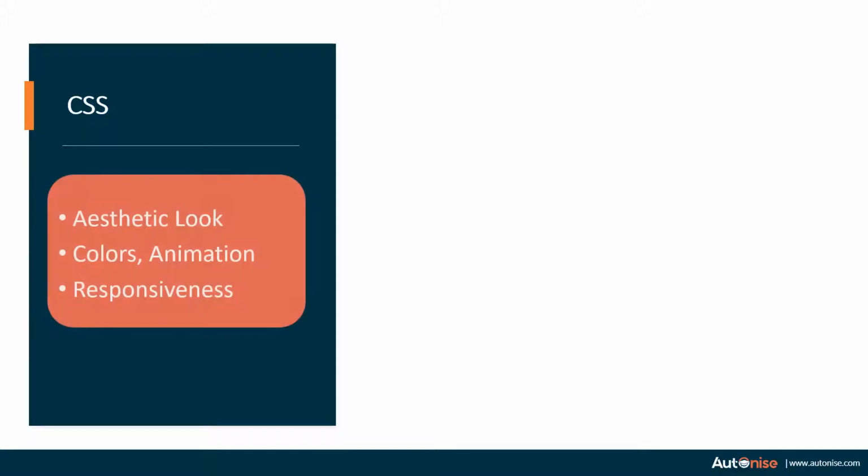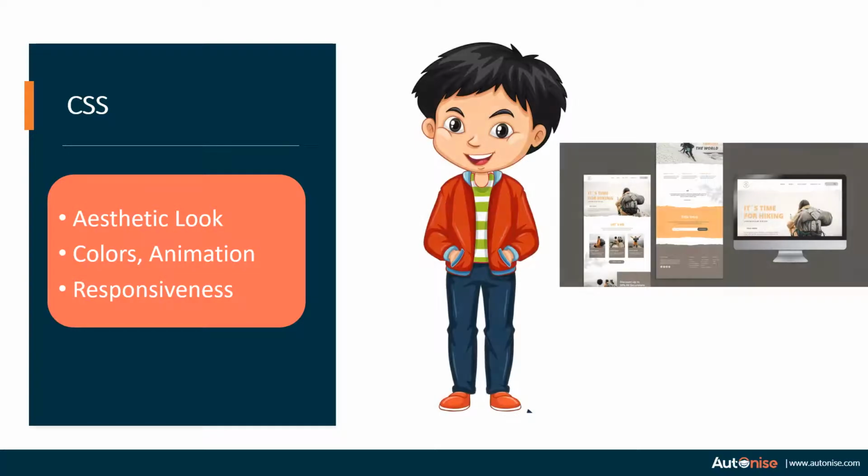Next comes the CSS. CSS decides the aesthetic look, the colors, the animation, and the responsiveness of a website. So HTML provides you with a structure, whereas CSS adds some design, the aesthetic look, and makes the website responsive.